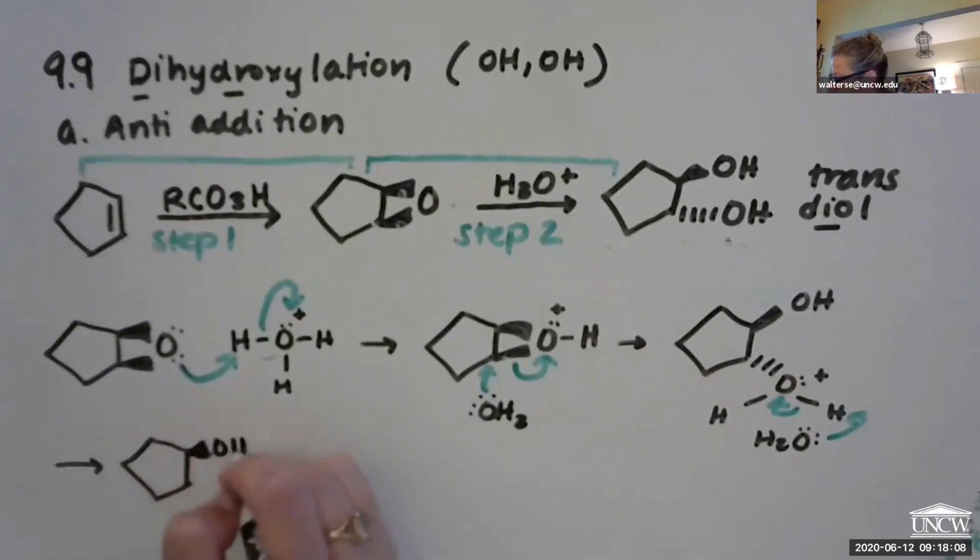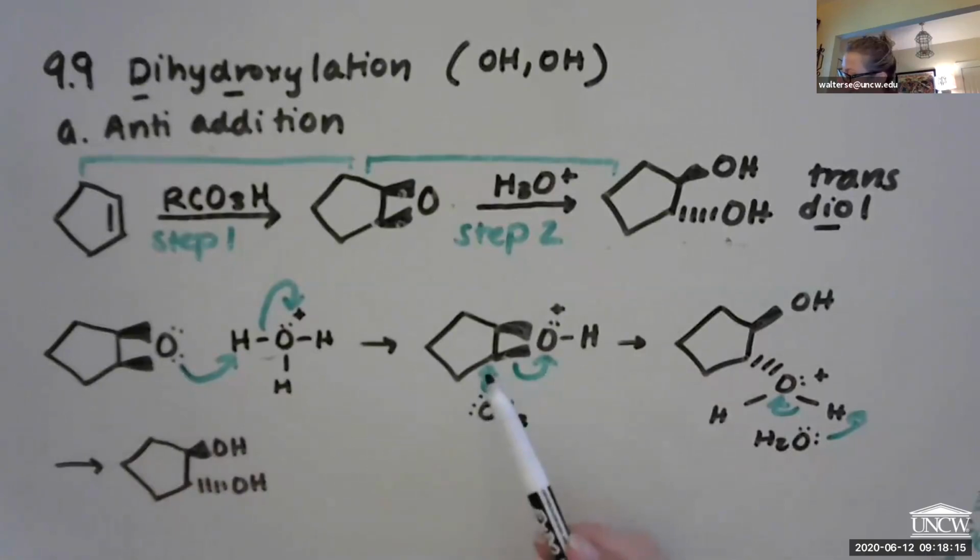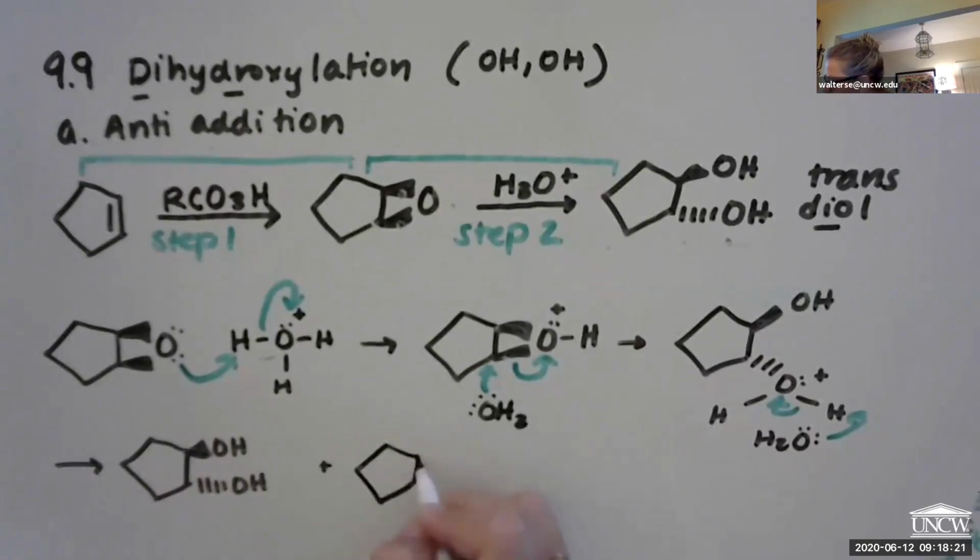Hydroxide up, hydroxide down. And then depending on if I had attacked the top carbon instead of the bottom carbon, I would have gotten the enantiomer.